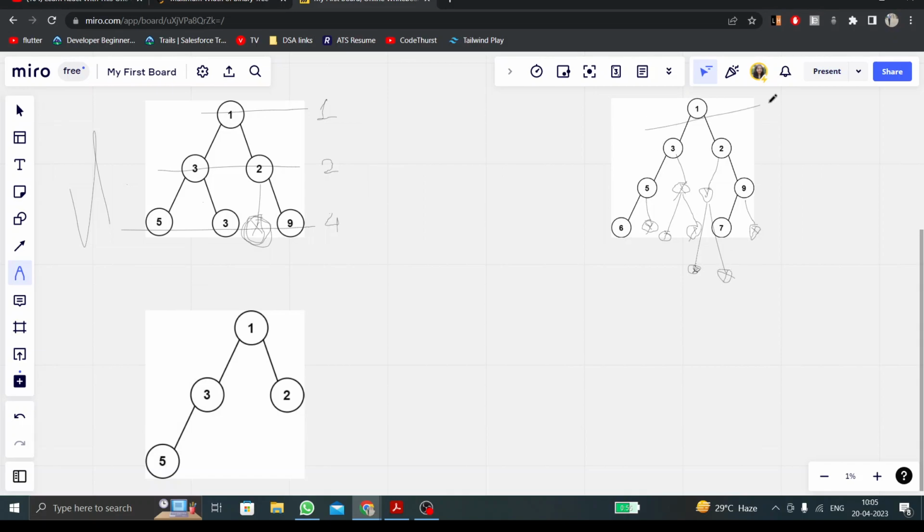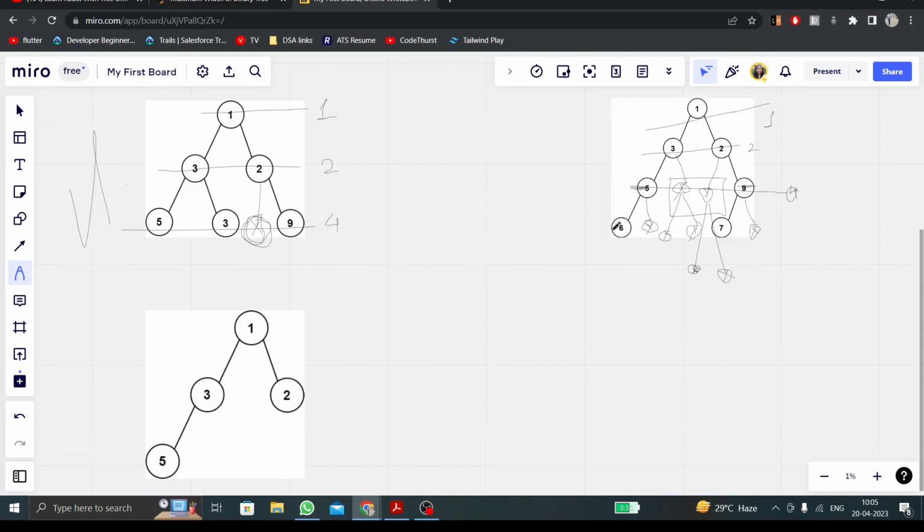Okay, so in this level we have one node. In this level we have two nodes. In this particular level we will count 4 nodes. 2 are null nodes, 5 and 9 are 2 non-null nodes, and these two are null nodes. We also have to consider them as they are coming in between the non-null nodes.